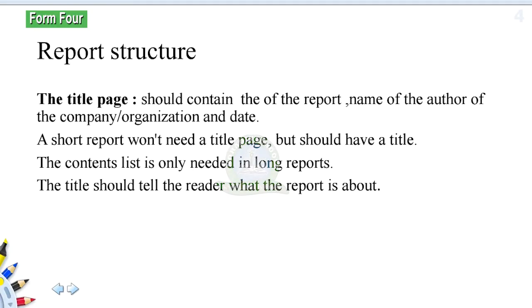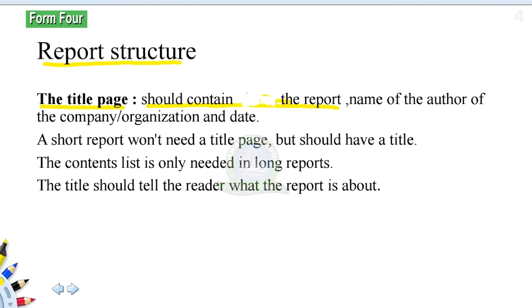Okay. So what is the report structure? Title page. What is the title page? It should contain the title of the report, the name of the author, the company or organization, and the date.